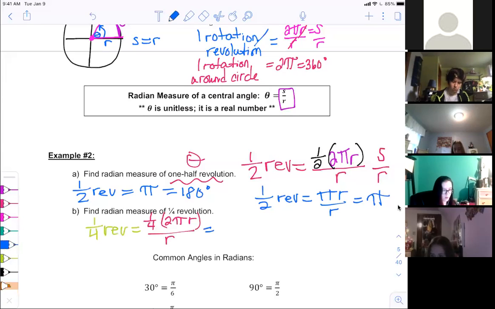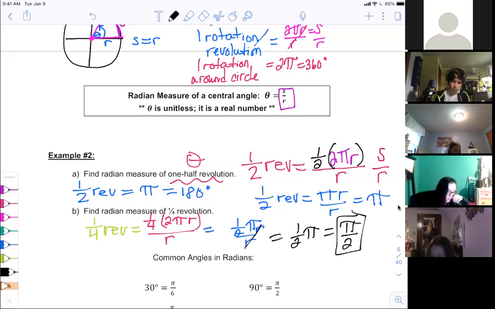So now I really have 1/2 pi divided by r, or I have 1/2 pi, which I rewrite as pi over 2. So pi over 2 represents the angle if I'm going 1/4 of the way around the circle.